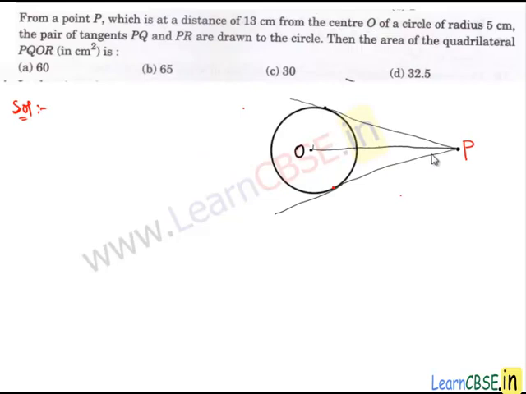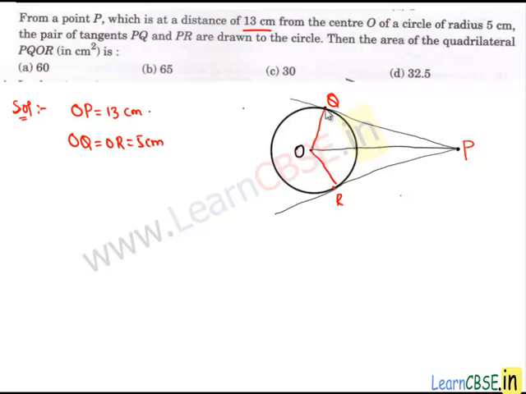Here, a pair of tangents from an external point P to the circle are drawn. Let the tangents touch the circle at Q and R respectively. Here we are given the distance of the point P from the center of the circle O is 13 centimeters. So we have OP is 13 centimeters and the radius of the circle OQ equal to OR is 5 centimeters.